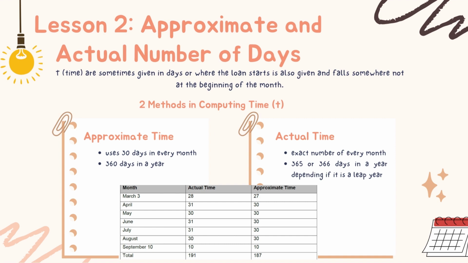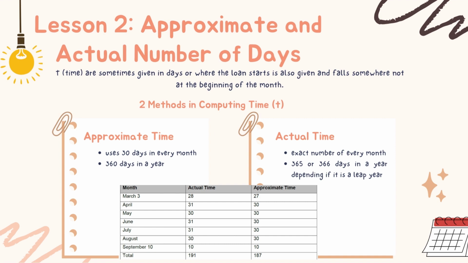That gives you, for example, the days in the approximate time. Our notion here is that every month is just 30 days. So 30 minus 3 is 27. But in reality, March goes up to 31. So 31 minus 3 is 28.